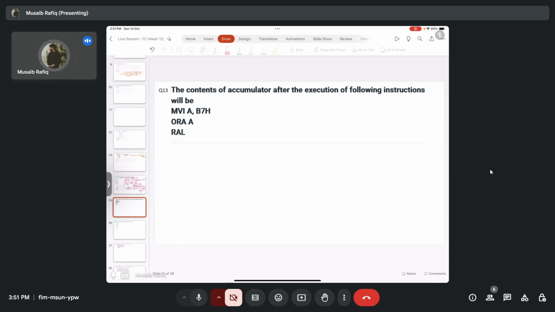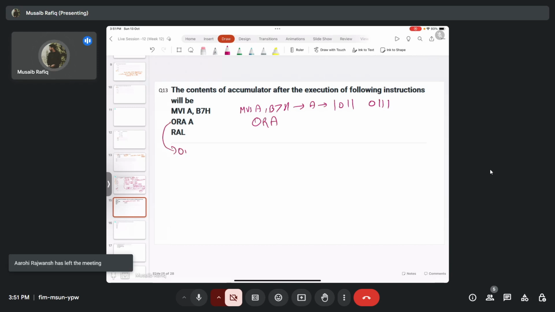So I have move immediate A, B7 hex, that is A will be loaded with 10110111. Then I have ORA, that is basically OR operation with the accumulator. So ORA, it's basically A OR with A.